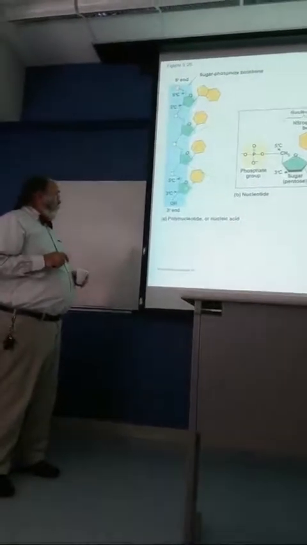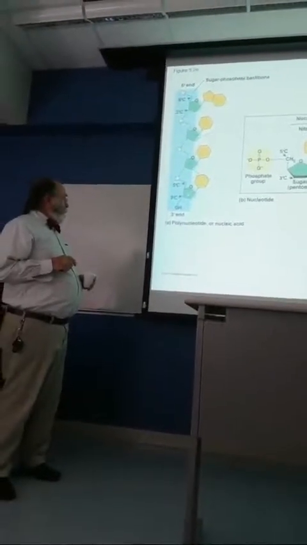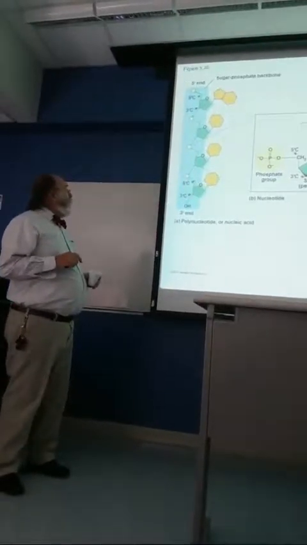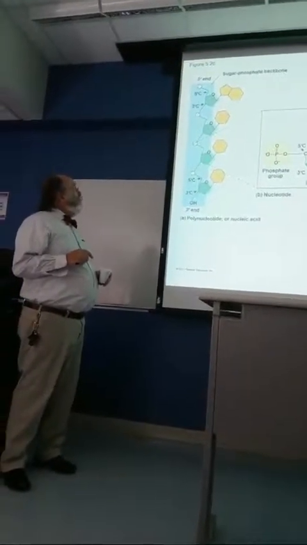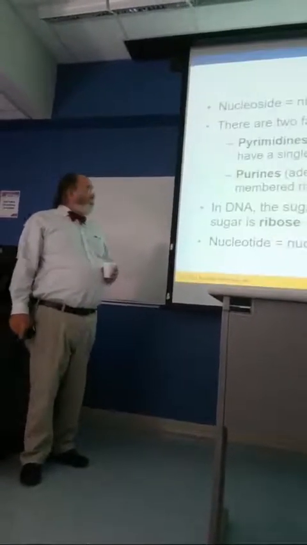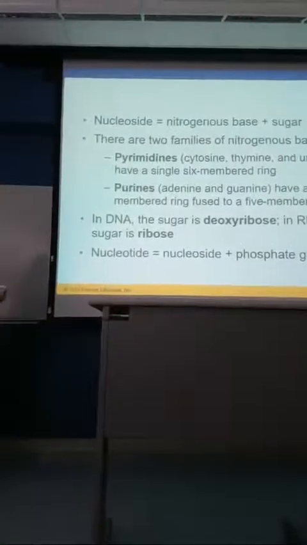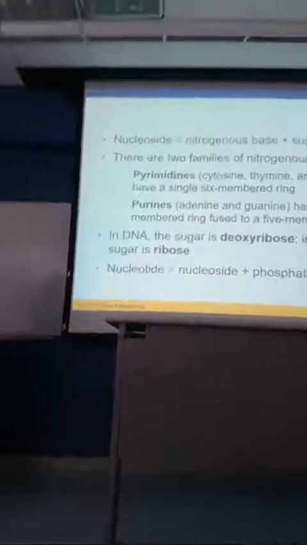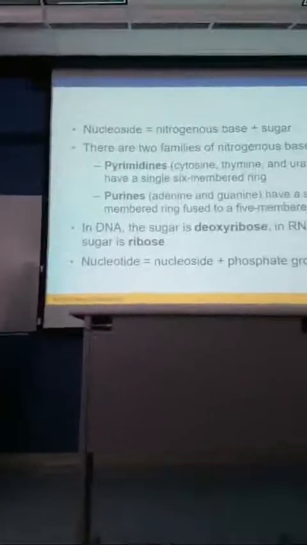Understand, it is the phosphate and the sugar that makes the long strands of DNA. The bonds that form between the nucleotides will be hydrogen bonds. So read through this. A nucleotide is when we have the nucleoside, the nitrogen base and the sugar, and we add the phosphate group to it.